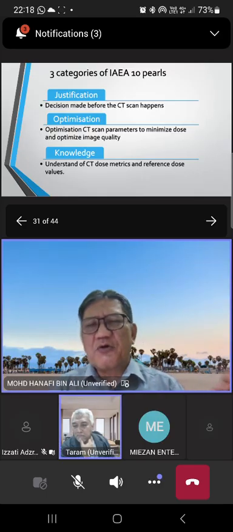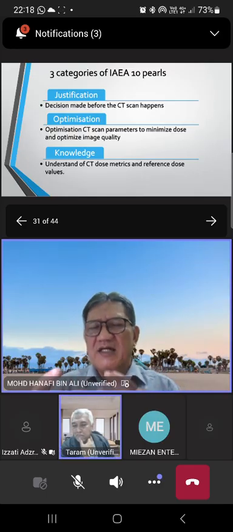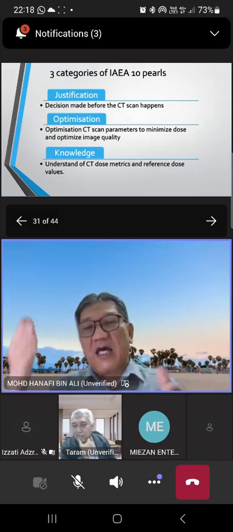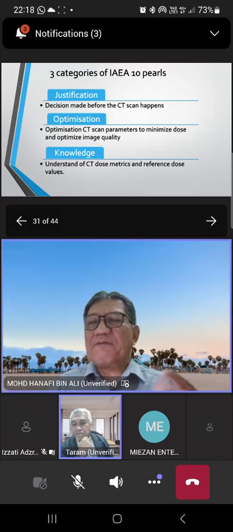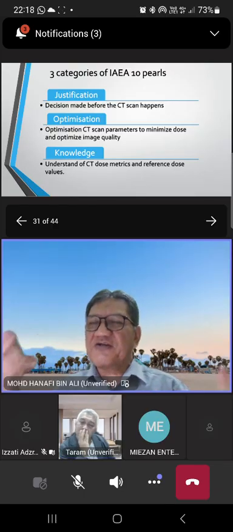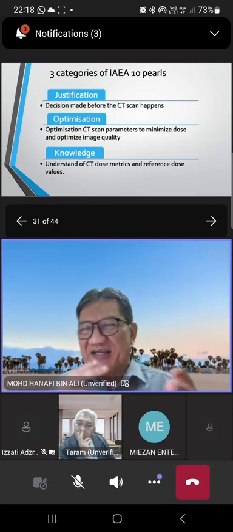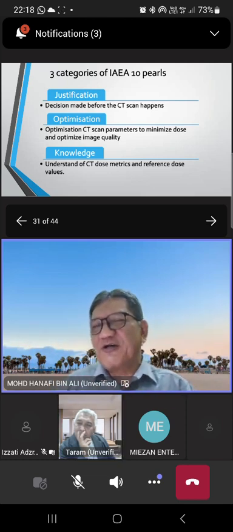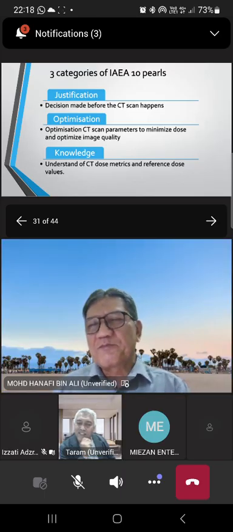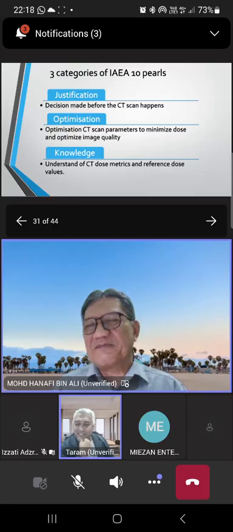That's a lot of margin, you know. So we are still on the safe side in theory, when we talk about stochastic and non-stochastic effects. If we are just unlucky, the radiation hits our gonad, a mutation occurs, and we can have children with defects, you know.